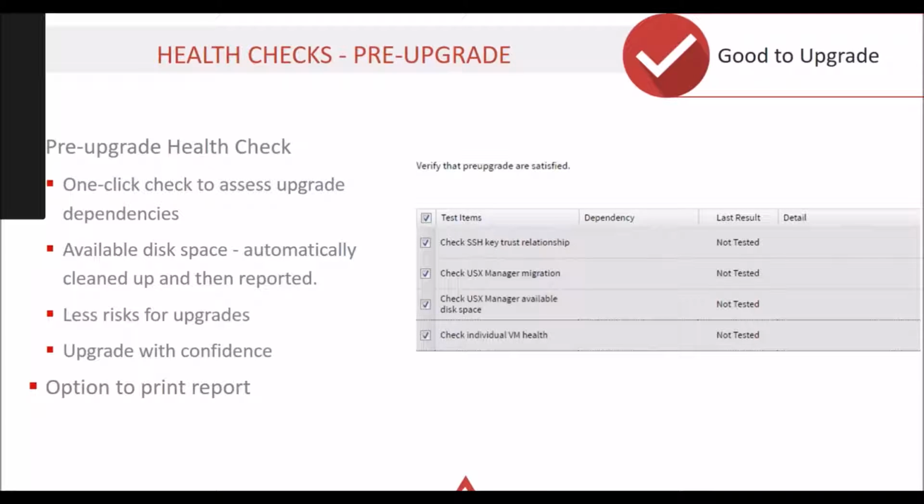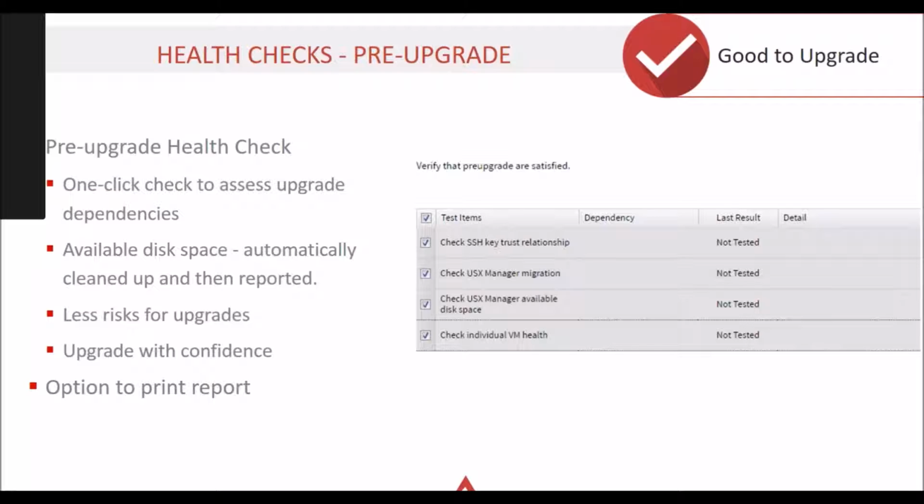In addition to this, we've extended that capability to do pre-upgrade health checks as well. Using the exact same platform, we've added things like checking the USX manager's available disk space, and checking the SSH key relationship between the current USX manager and the new one that you're going to upgrade to 3.5.